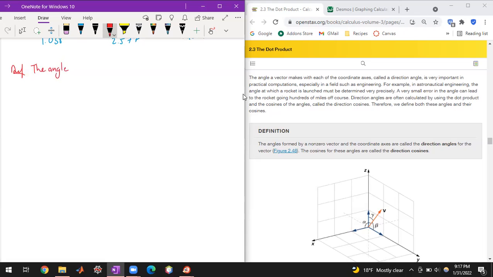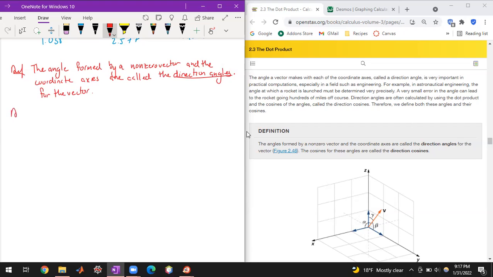The angle formed by a non-zero vector and the coordinate axes are called the direction angles for the vector. The cosines for these angles are called the direction cosines.